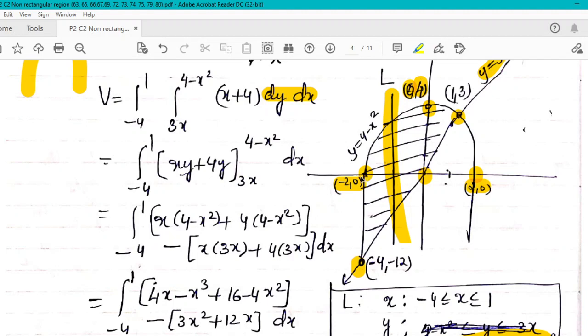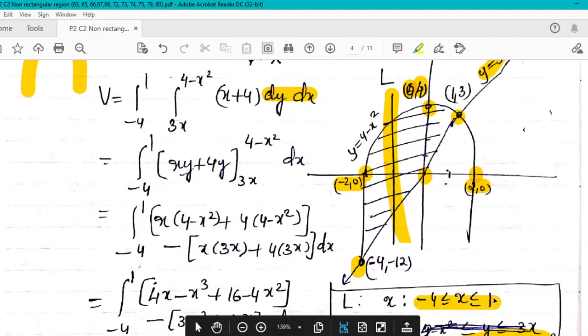So we can see that this is -2 and -4 means further, so our limit of x is from this point to this point. So it is from -4 to this point. This point എന്ന് വെച്ചാൽ എന്താണ്? 1. So the limit of x is from -4 to 1. So now we get the limits of x and y.